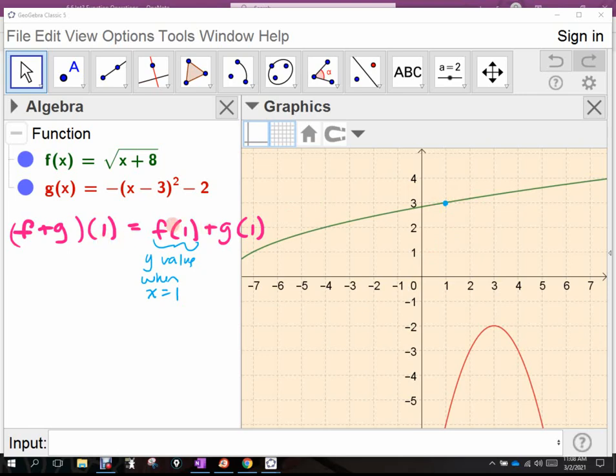So f of 1 is 3. Now it says, what is the y value for the red function when x is 1? I'll find the y value when x is 1 on the red curve. It's down here, which is negative 6, right? What do I get when I add those together?